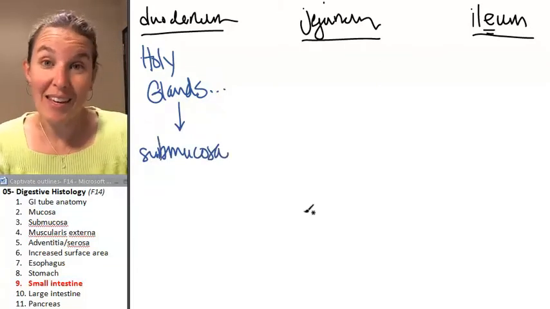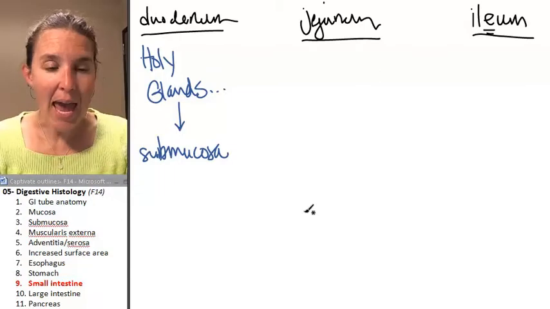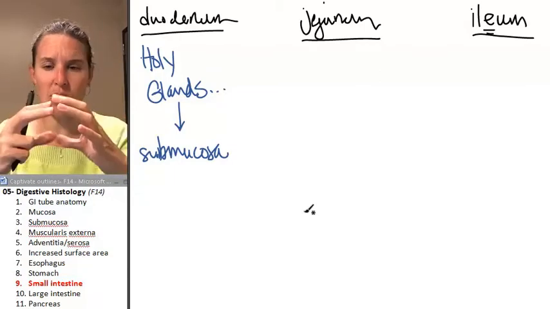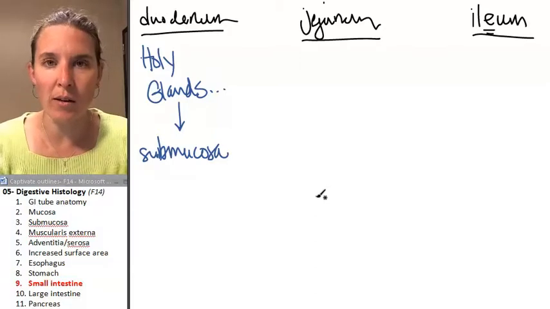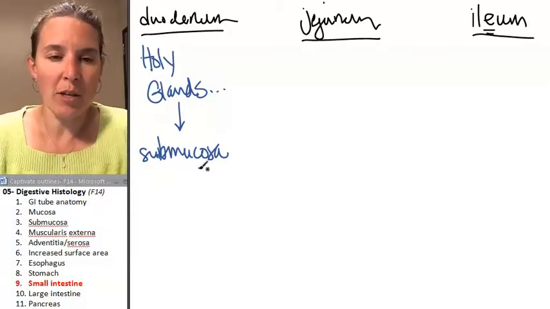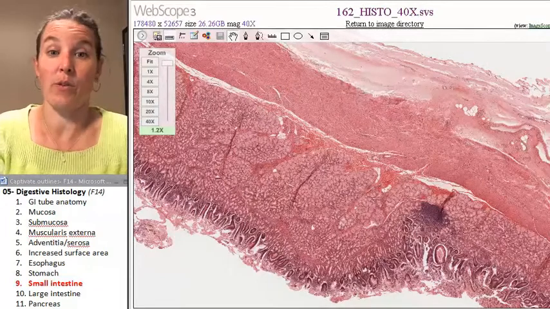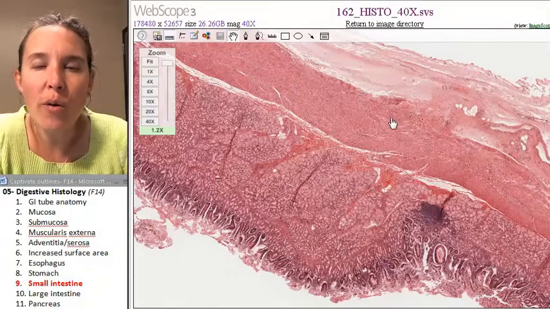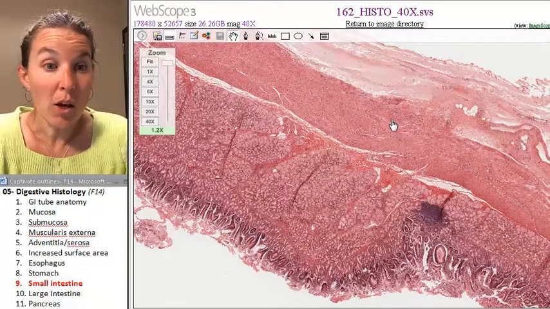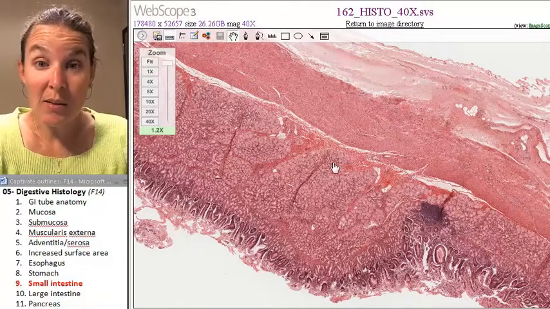If you see a submucosa and it looks like a bubbly bubble land, then you know you're in the duodenum. And I'm going to show you a picture here in a second. In fact, I better just go show you a picture right now. How are you going to know if you're in the submucosa? You have to find muscularis mucosae.